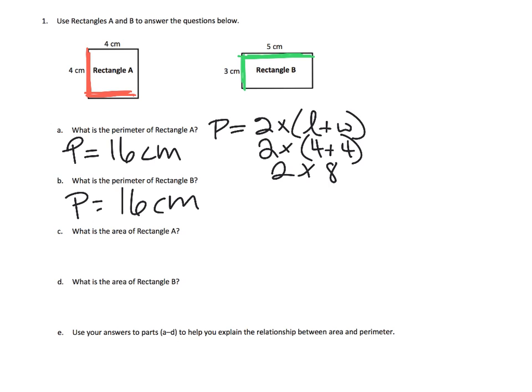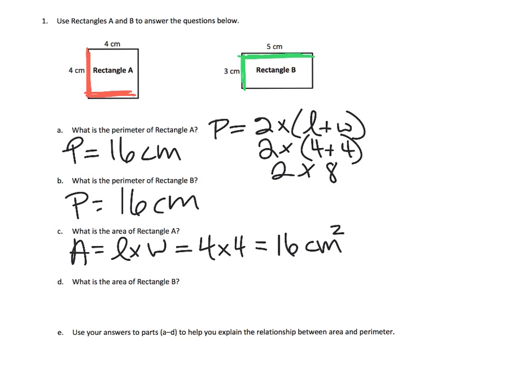So what is the area of rectangle A? Well, area is length times width, which in this case is 4 times 4, which is, coincidentally, also 16, but now we're going to call it 16 square centimeters. Those little squares, like square tiles. And what is the area of rectangle B?